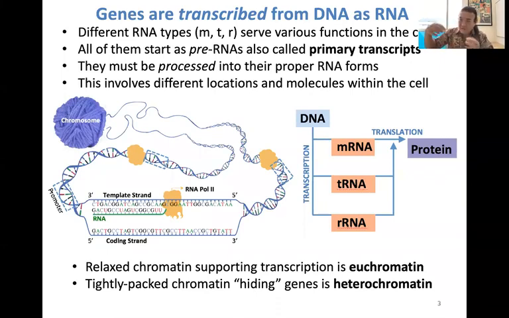When it is unraveled, certain stretches of it, like, for example, if this ball of yarn represents heterochromatin, certain parts of it have been teased out, right, and are now available to be read. Those are euchromatin regions. So at any given time inside of our cell's nucleus, our chromosomes are in a dynamic state of different parts of different chromosomes being heterochromatin, different parts being euchromatin, right? Either tightly packed or unraveled.